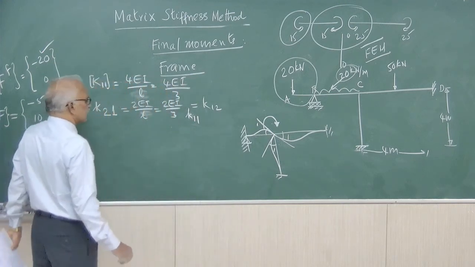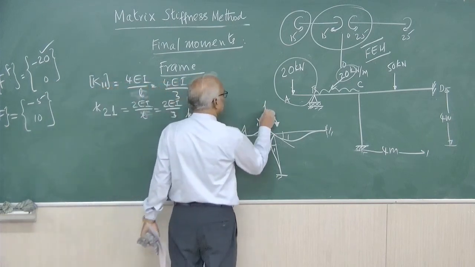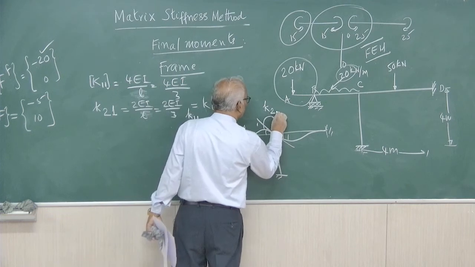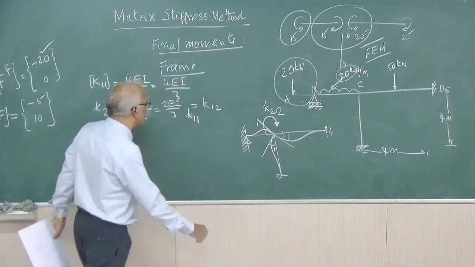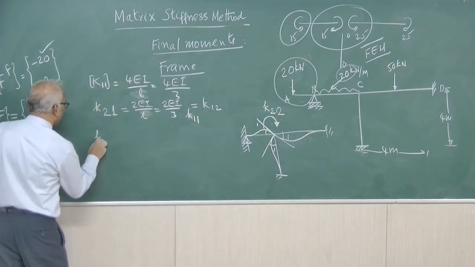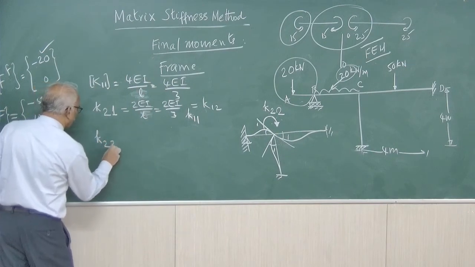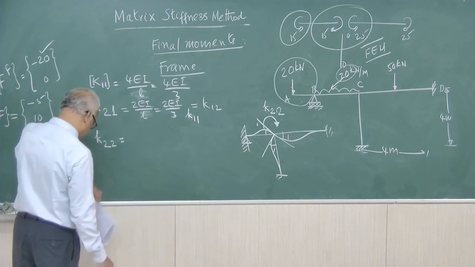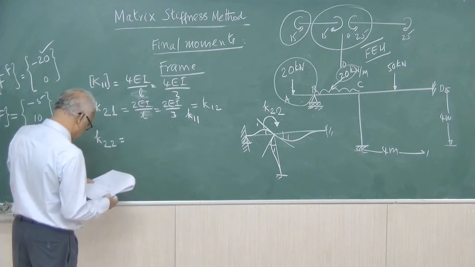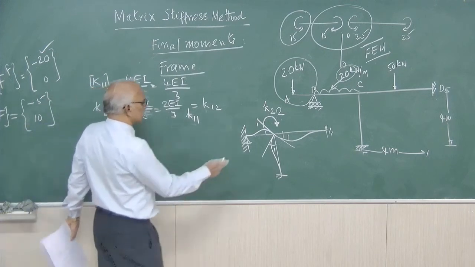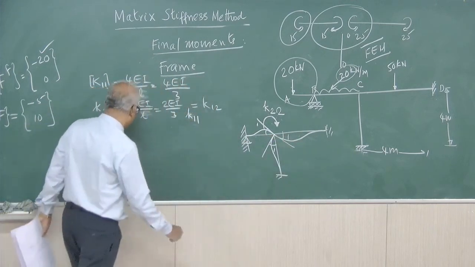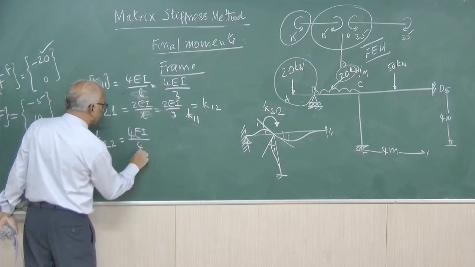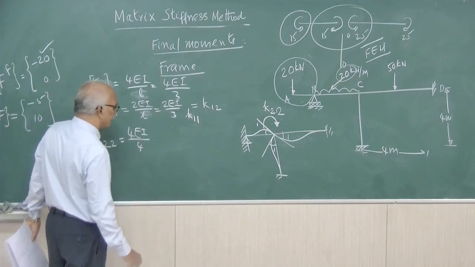So, for this, what is the force at coordinate 2 due to unit displacement at coordinate 2, K22. K22 is the force developed at coordinate 2 due to unit displacement at coordinate 2. So, this value equals, say, for one member it is 4EI by L, for BD.